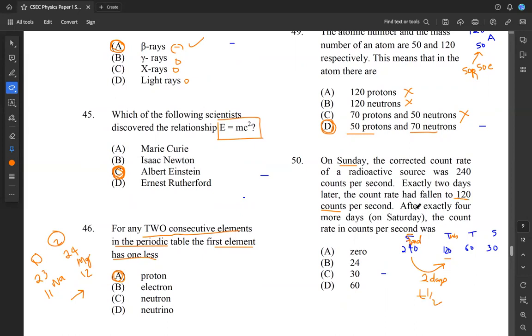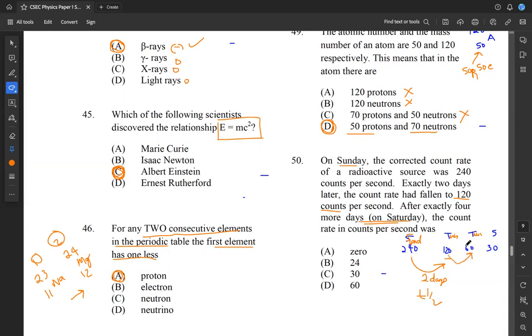And then after exactly 4 days on Saturday, they want us to find out what the count rate would be. So let's continue along this path. We go from Sunday, and 2 days later on Tuesday, we're at 120, and we established that the half-life is 2 days. So 2 days from Tuesday would be Thursday. And we're going to fall to half of the 120 on Thursday.